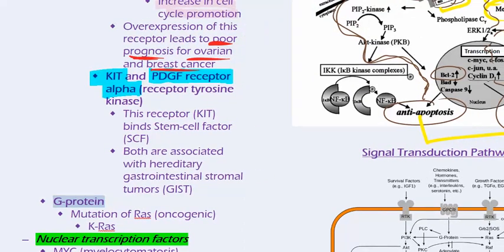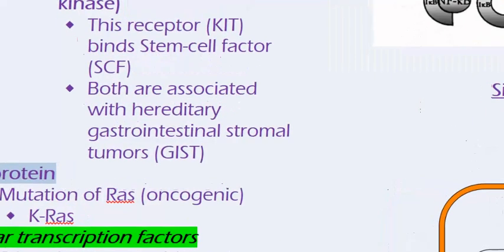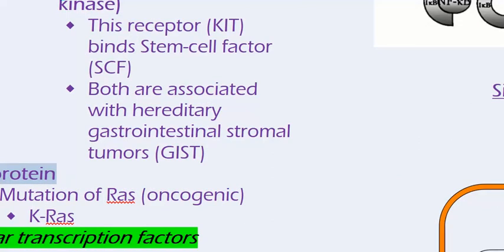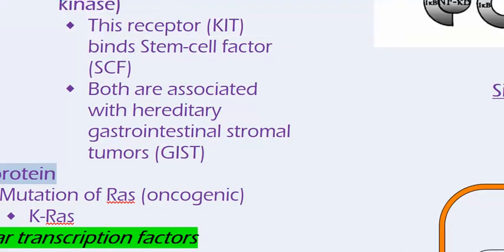Now, when you're looking at KIT and your PDGF receptor alpha, they are associated with hereditary gastrointestinal stromal tumors.